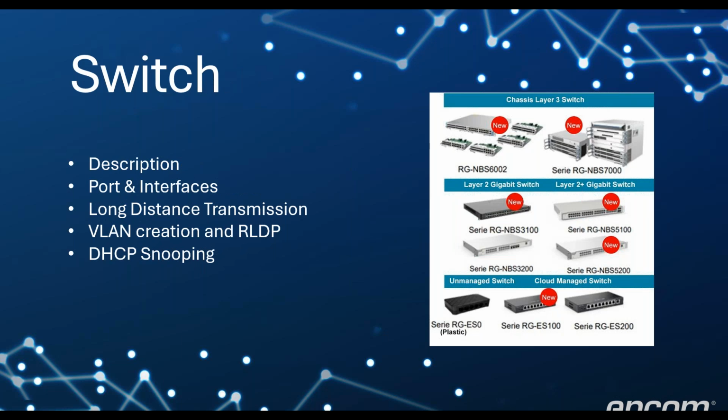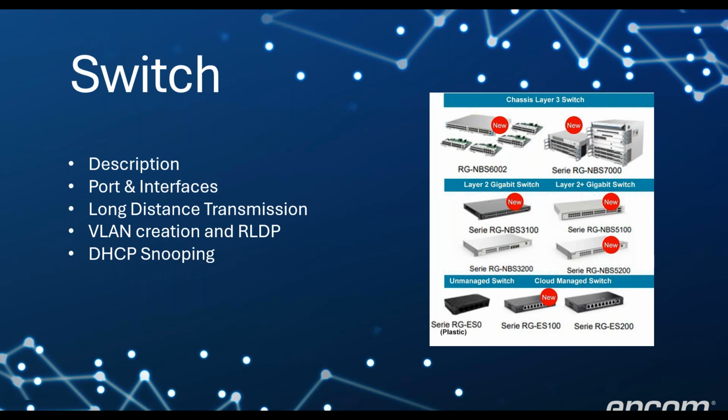Basically, I just gave the description as well, where we have the chassis layer 3 switches, the layer 2 plus switches, some of which, with a firmware update, are going to be converted into layer 3 switches, and we have our managed plastic switches and our cloud managed switches that are metal chassis, and they come with PoE capabilities, loop prevention, etc. So today we're going to talk about the ports and interfaces.